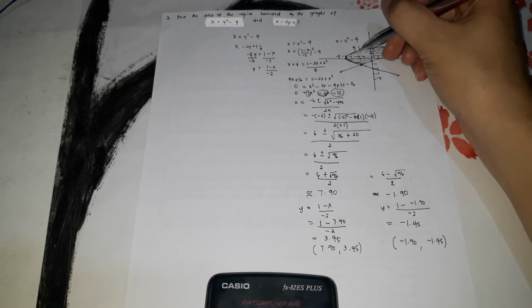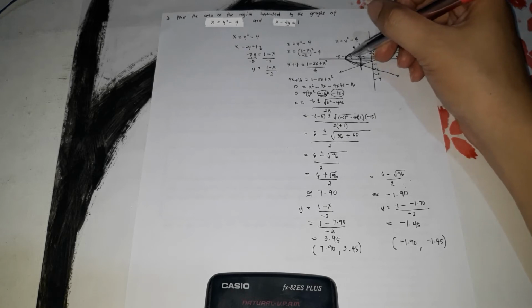But for this side, yung nasa taas yung parabola, yung nasa baba is yung parabola rin. So what we're going to do is divide the region into two sides. First one is this side, yung sa taas at sa baba is parabola, and this one naman yung sa taas at sa baba is parabola.